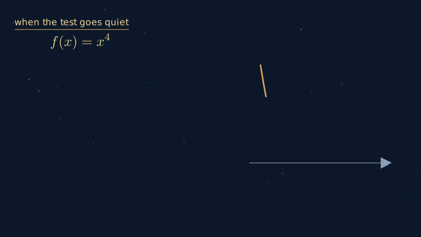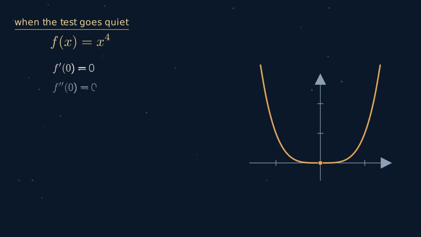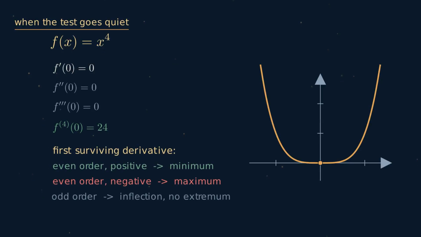Here is the case where our test goes quiet. Take x to the fourth power. The derivative vanishes at 0, but so does the second derivative. No verdict at all. So keep differentiating until something survives. Here, the fourth derivative is 24. And the rule is this.